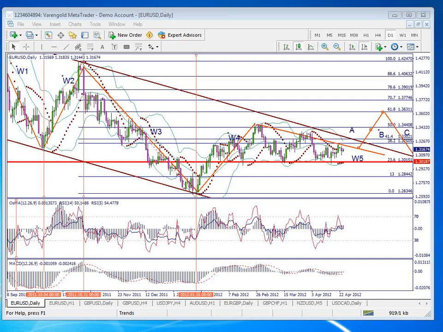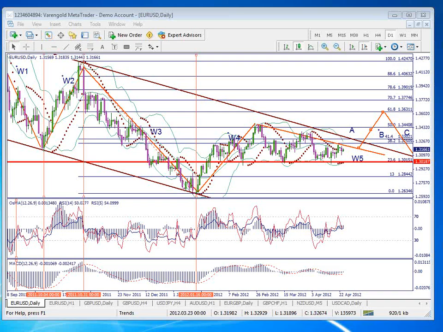Colin asked how to trade the current situation. I want you to know how I see this situation now on daily. I will delete all those waves that I put on the chart, and we will go to smaller time frames to see exactly the situation.